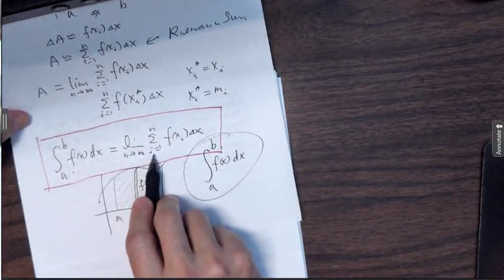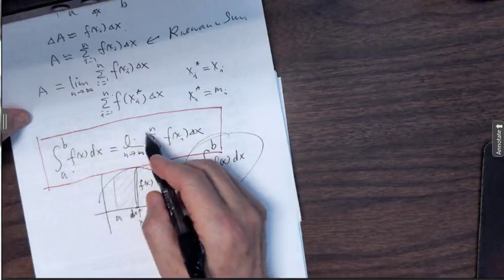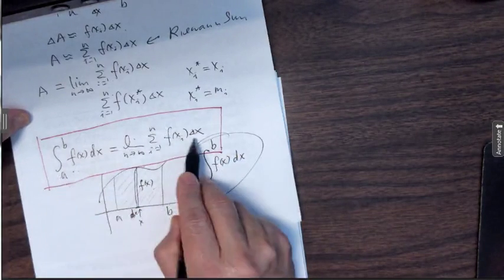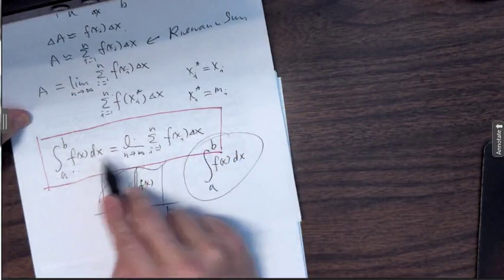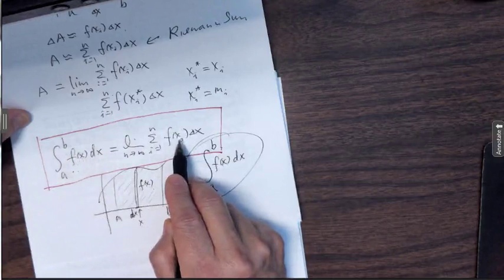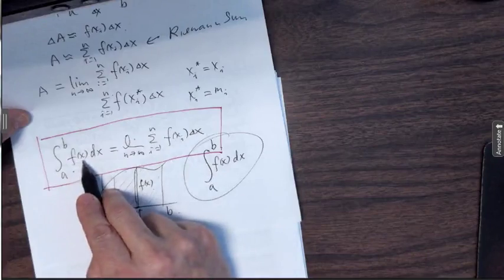To go from the limit of a Riemann sum to a definite integral, notice the limit summation becomes an integral, delta x is the same as dx, and the function turns into the function. Whether you have x sub i, x sub i star, or m sub i, all turn into just x.